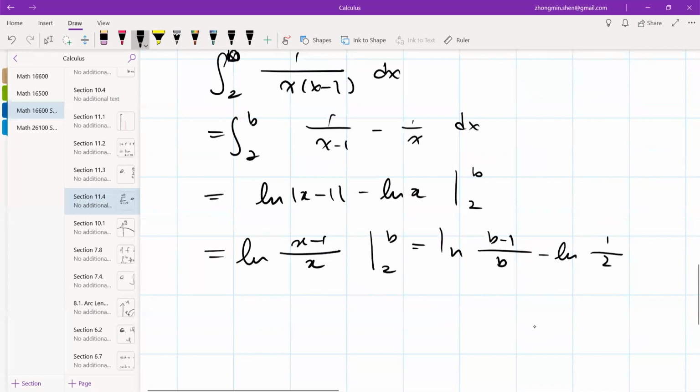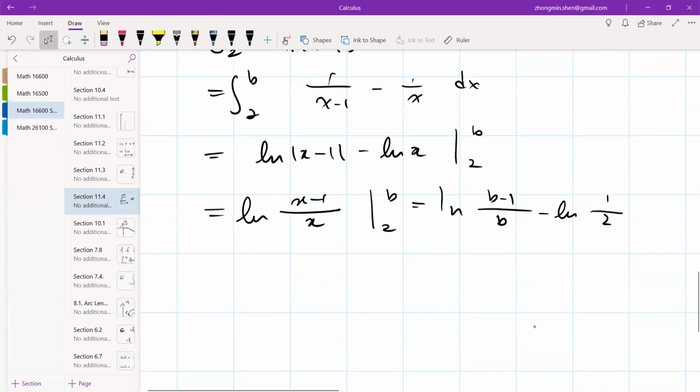Now, clearly, when b approaches infinity, what is it? The natural log of (b minus 1) over b approaches the natural log of 1, which is 0. Then 0 minus the natural log of 1/2, so it's going to be positive natural log of 2, as b approaches infinity.